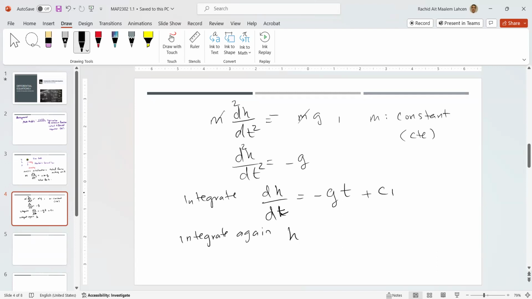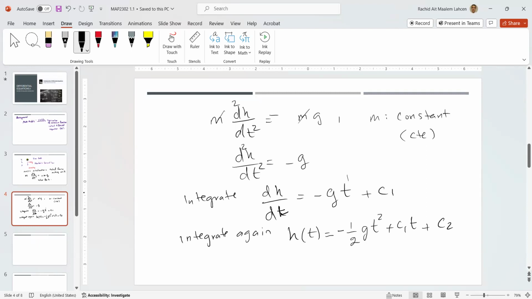That takes us to h in terms of t. Here the power is 1, so we'll do 1 plus 1, which is 2, then divide by 2 to make up for it. Negative 1/2 gt squared plus c1 t, plus the new constant of integration.